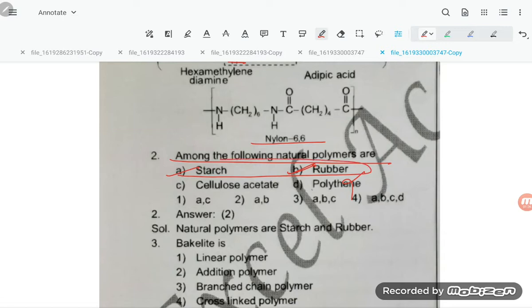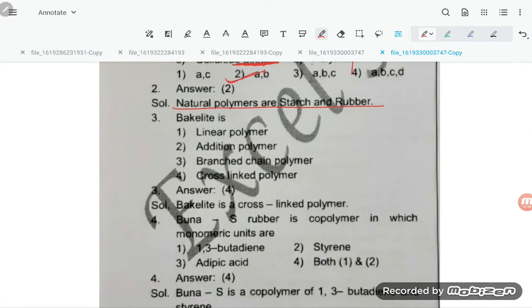So starch and rubber are natural. Cellulose acetate is not, because acetate is a chemical addition; only cellulose is natural. So A and B are correct. The correct option will be option number 2. So natural polymers are starch and rubber.